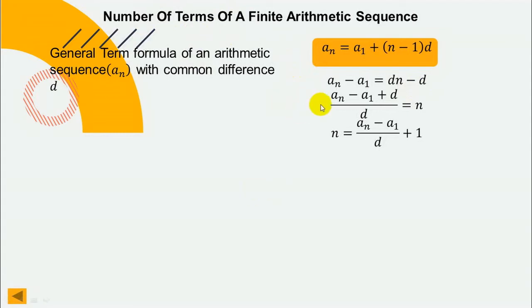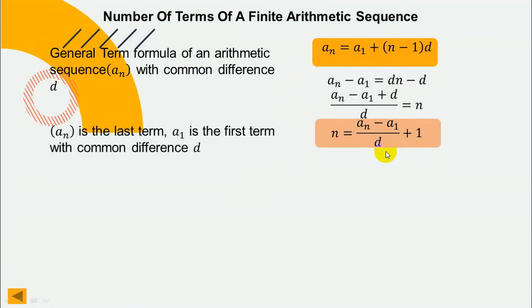So you can get the formula n equals (the nth term minus the first term) over d, plus 1. So this formula gives the number of terms if you have the nth term, the first term, and the common difference. You can use this formula.